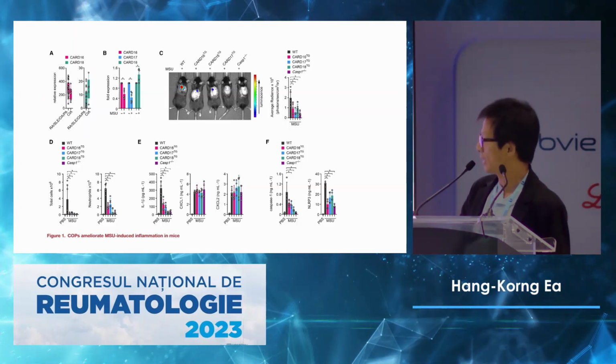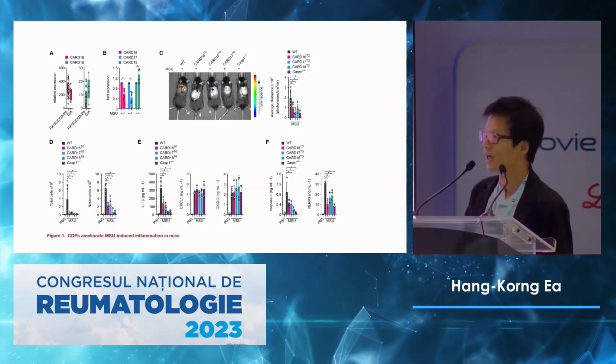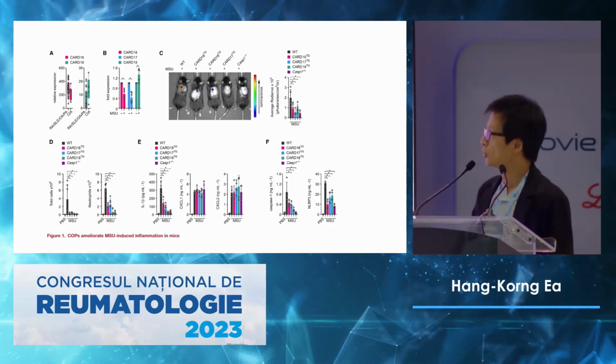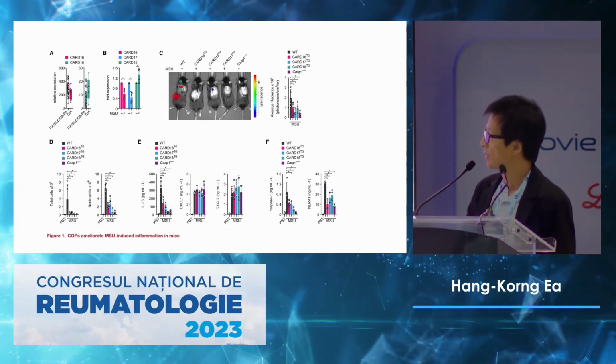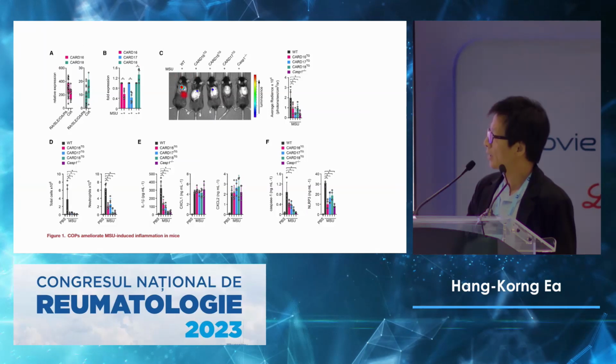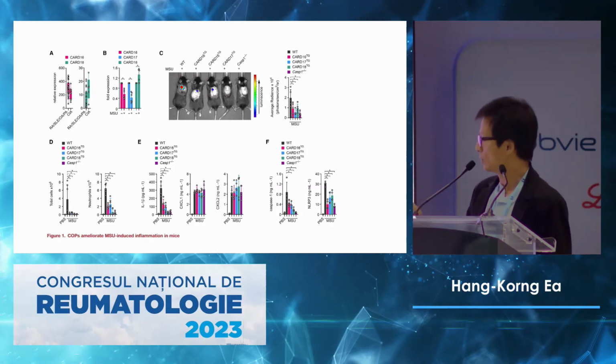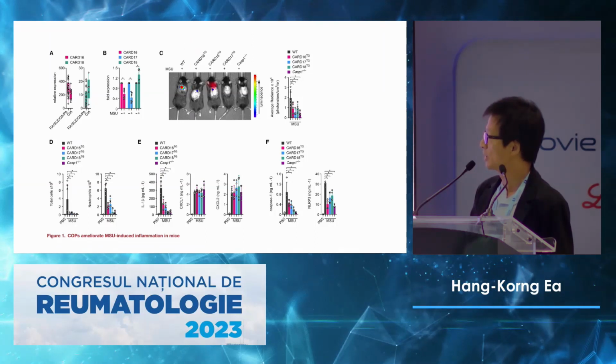We also used the same mouse model, the air pouch model, with inflammation induced by the injection of the crystals. What we can observe here is that when you have the red signal, the inflammation is very high, and when you don't see the signal, there is no inflammation.